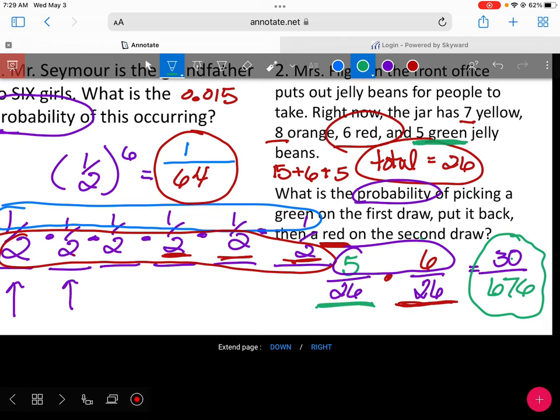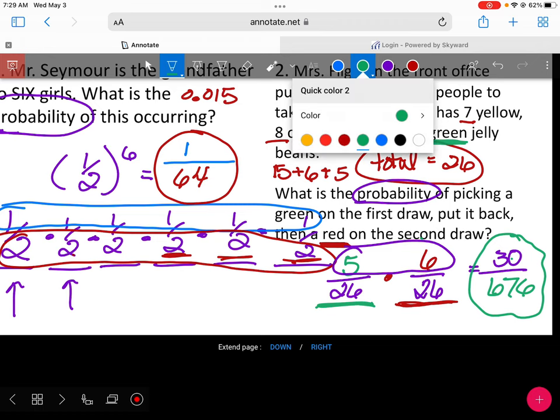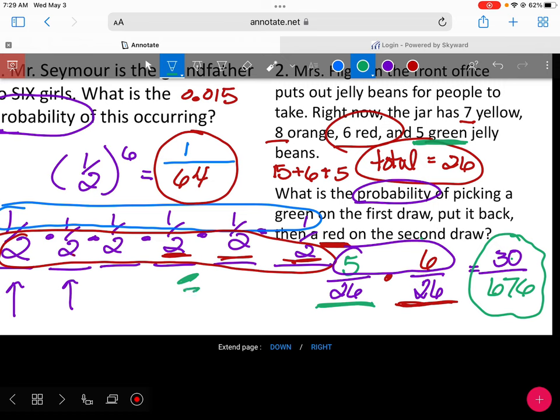So if we got a green, let's see if I got some room here. If I have a green and I have 5, 1, 2, 3, 4, 5, and then I have red. So from drawing a green, if I drew that green, I have 6 choices of getting a red just from that first green jelly bean.